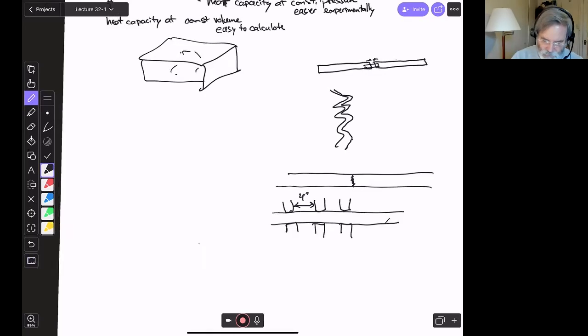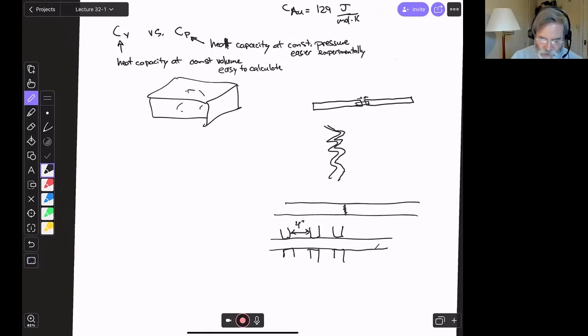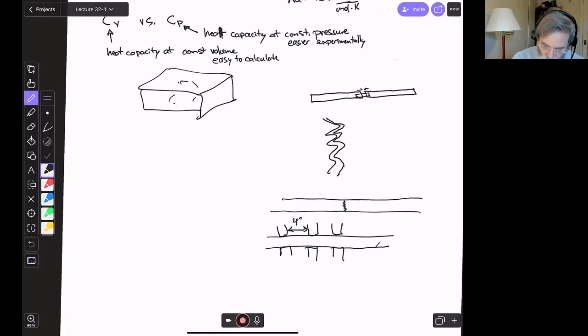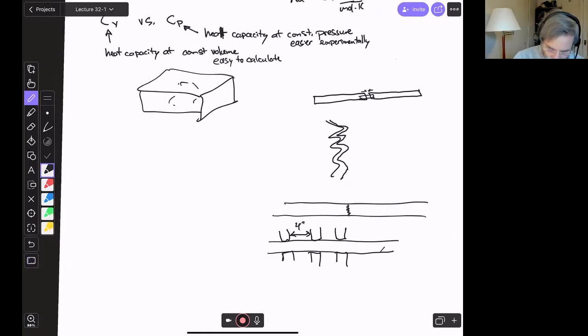Okay, back to CP versus CV. So it's important for us to understand how to convert from one to another. For gases, it turns out to be pretty easy. So let's consider the following situation. We're going to have a cylinder, and there's a piston that floats on top of, here's some gas, and there are seals.